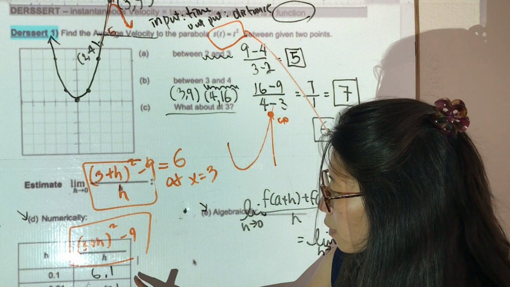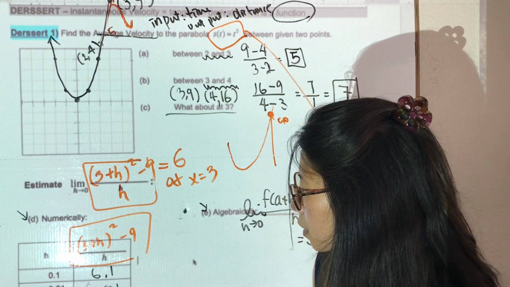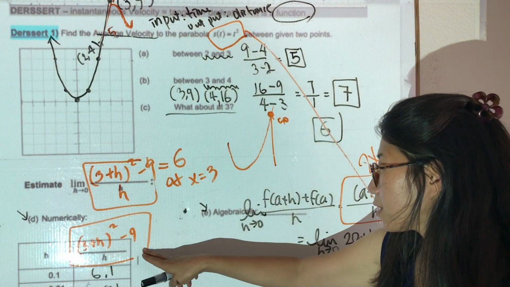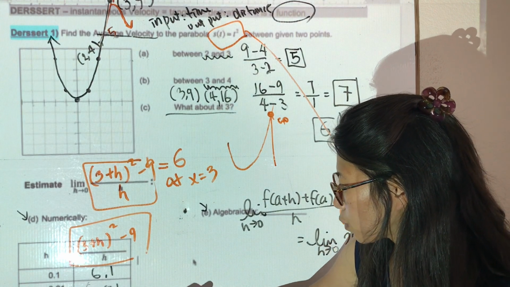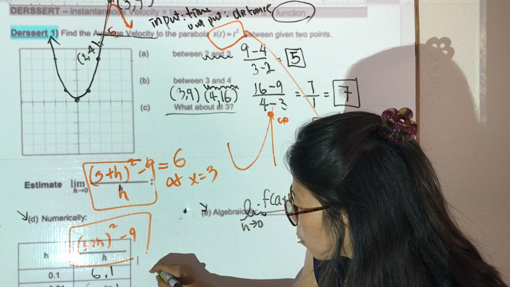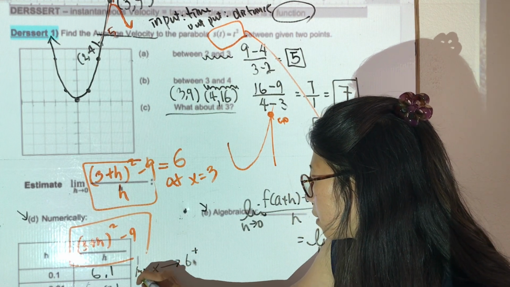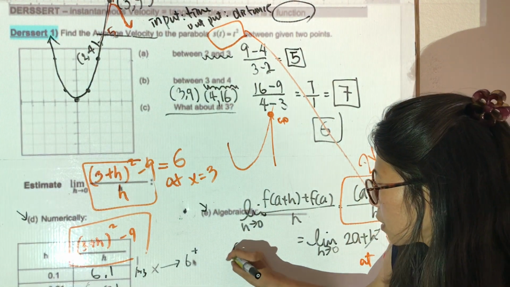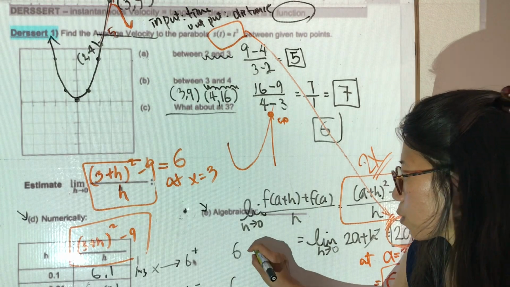So after I plug in the values of 0.1, 0.01, each of the x's and h's, my rate of change, I got given values. As you see, my right-hand limit as x approaches 6 from the positive side goes to 6, and as x comes from the negative side, also 6.